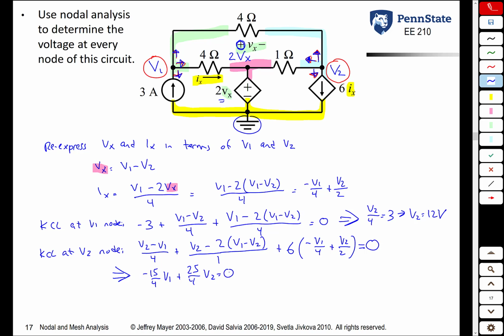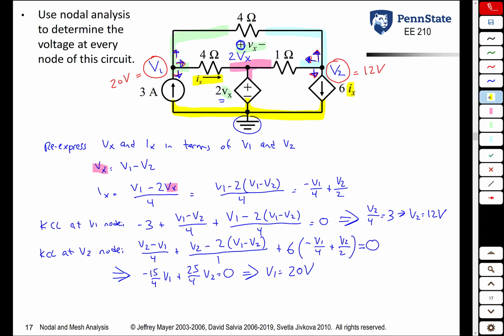Since we already know that V2 is 12 volts, you can solve for V1. You get V1 is equal to 20 volts. So at this point, we know that V1 was 20 volts. V2 was equal to 12 volts.